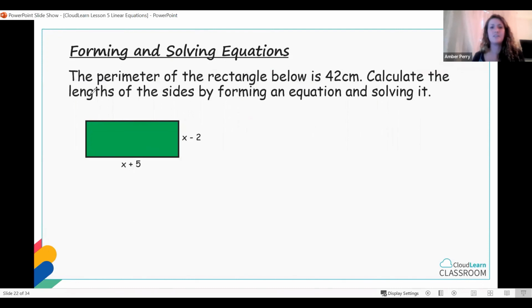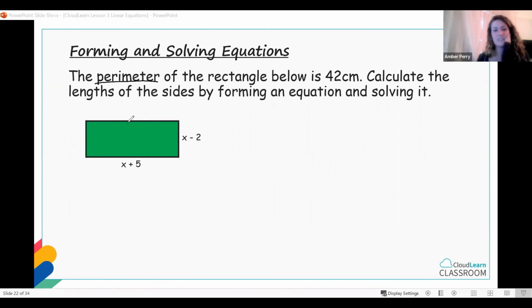So it's really important that you know how to find the perimeter of a rectangle. We haven't done shape yet, that's going to be in quite a few sessions' time, but hopefully you understand perimeter means around the outside of a shape. So you're going to take the 4 sides of the rectangle and add them together. We know that it's a rectangle, so we know that this side is equal to this side.